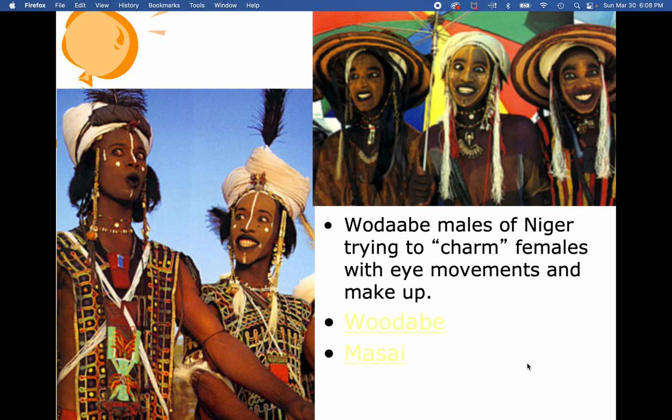And the person that jumps the highest, theoretically, of course, as far as the females in the tribe are concerned, is the most desirable of all the individuals. And so jumping up and down is the way that they show their ability to provide.